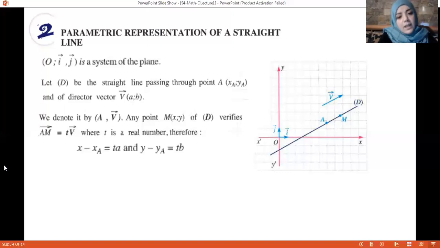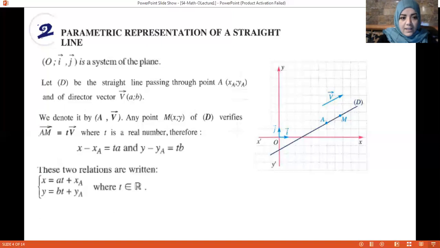So if you look at the following results, you can see that we have two equations, one for the x components and one for the y components. I'm going to join them as a system. Okay, look at this one. So the relations are x equals at plus xa. I just bring xa to this side and I leave x by itself.